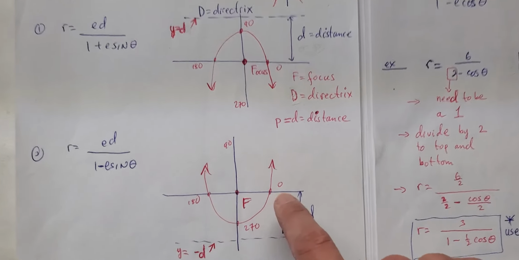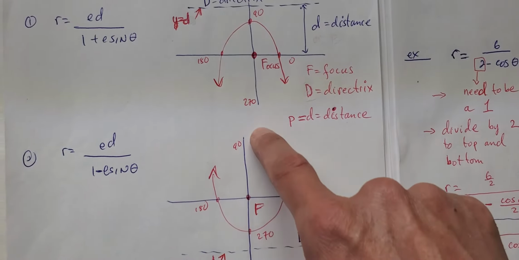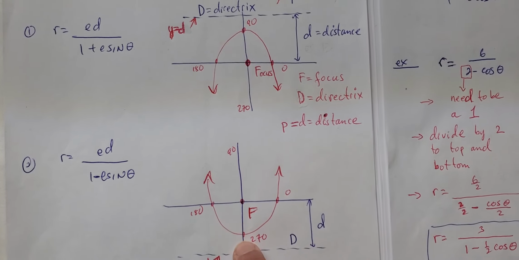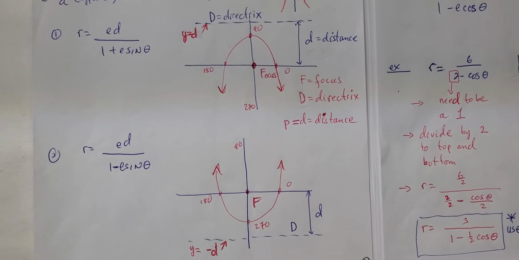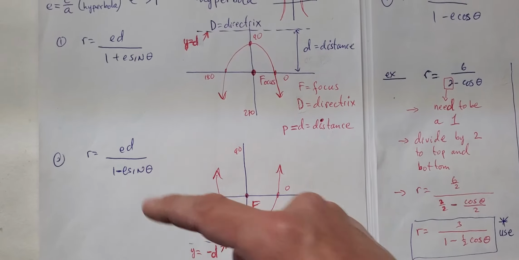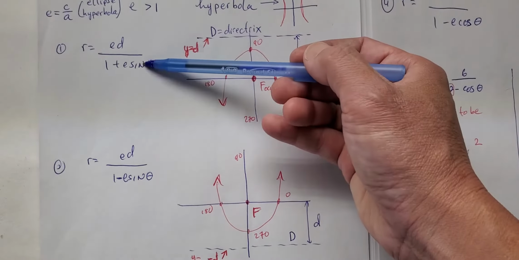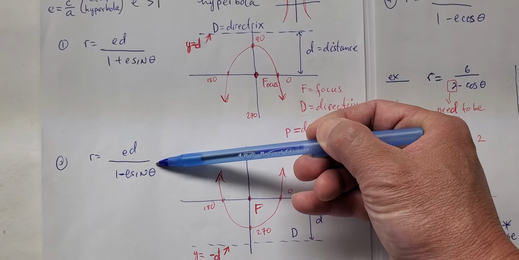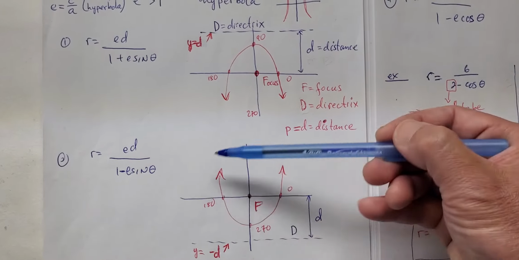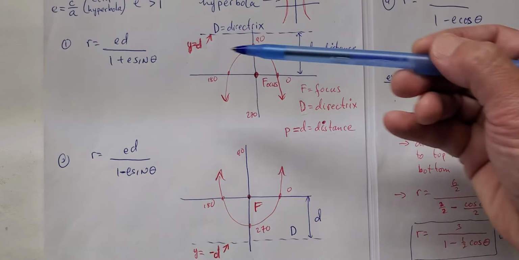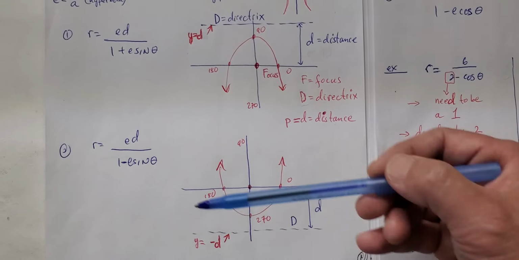You will continue to use 0, 90, 180, 270 to get your points so that you can graph. So these are the two versions, one for plus sine, one for minus sine. Plus, face down. Minus, face up. This is only for sine.